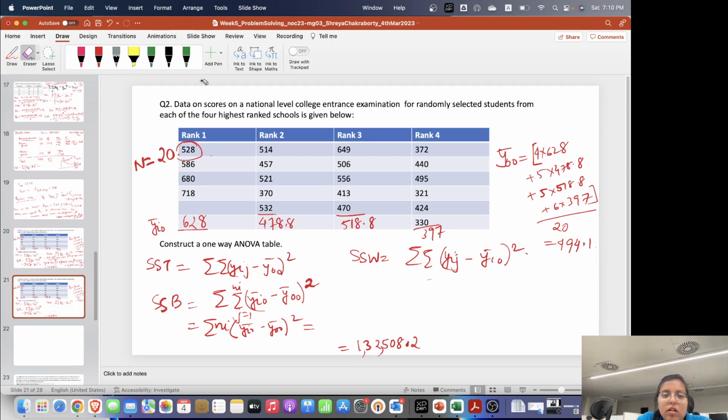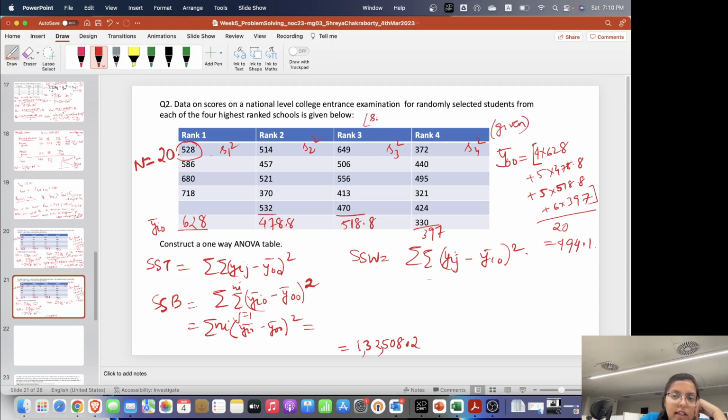Now suppose you are given the sample variances of each of the groups: S1 square, S2 square, S3 square and S4 square. Let's say it's been provided to you.